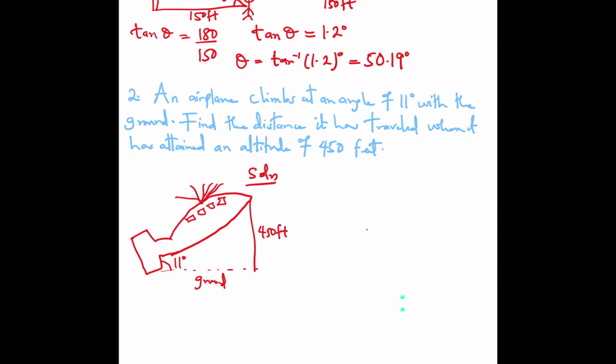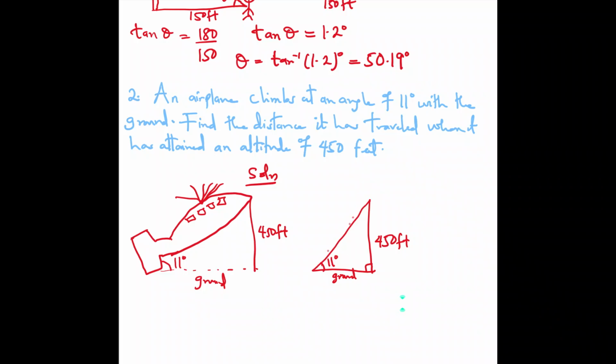So now let me draw it as a right angle triangle to make it more simplified. This makes 11 degrees with the ground, this is the ground, and the altitude is 450 feet. The side we're looking for is this side.